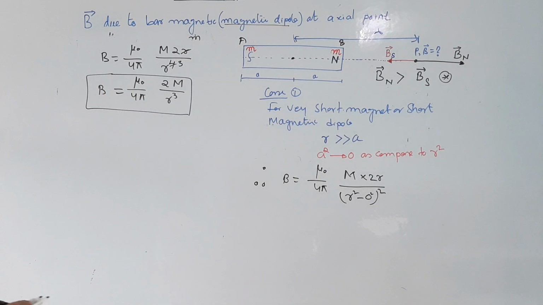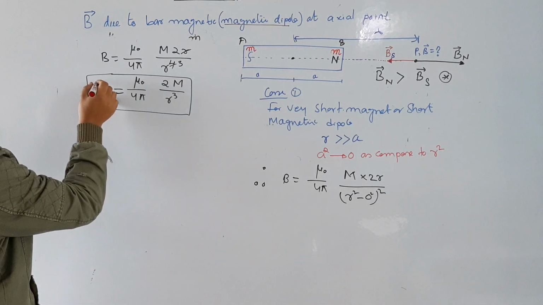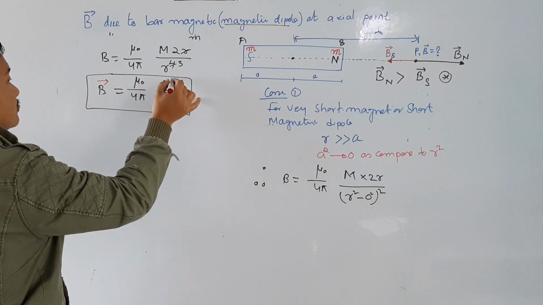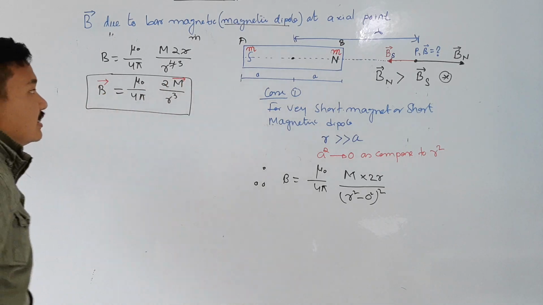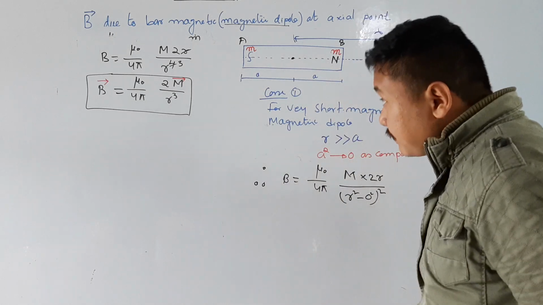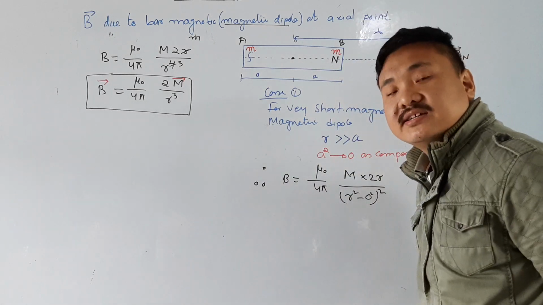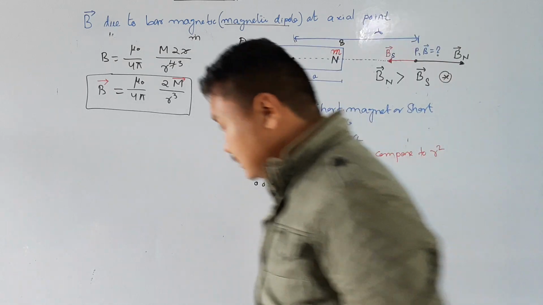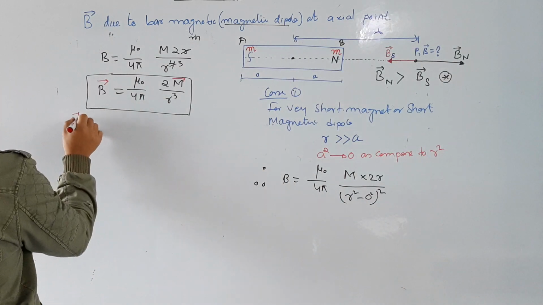So this is the net magnetic field. Since the magnetic field is a vector quantity, you can put a vector here and you can also put a vector here, because magnetic moment is also a vector quantity. So what is the direction of net magnetic field?